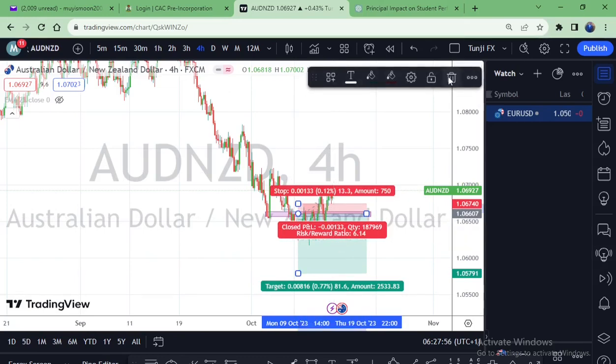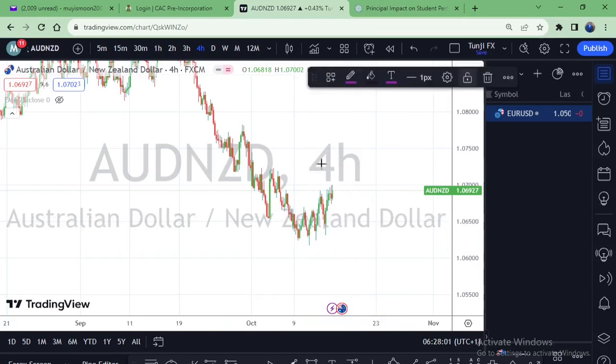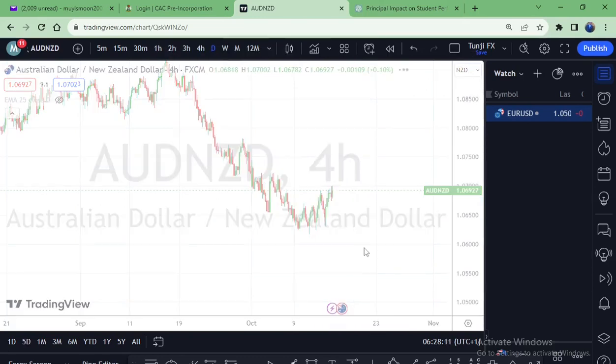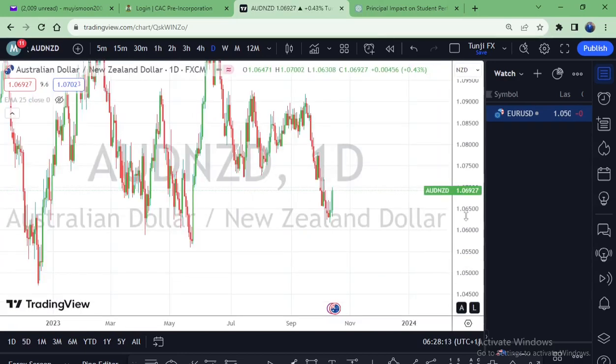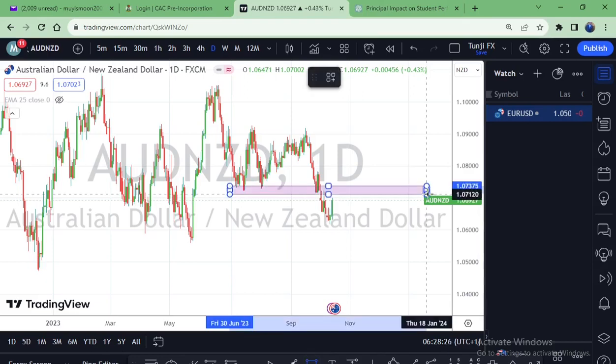So going forward, what we are looking at is this. The market has turned back and taken us out, but we are still expecting a break actually. So we'll be observing what happens in this area of resistance.